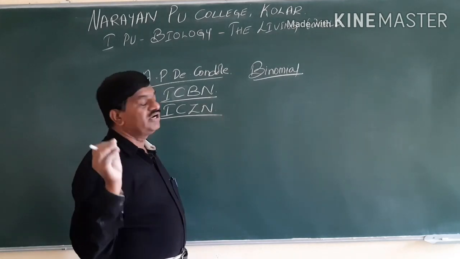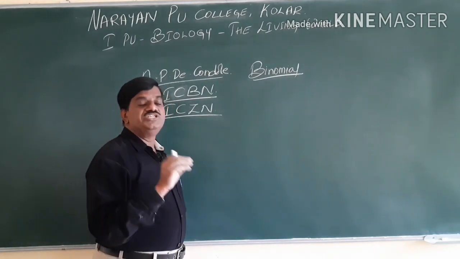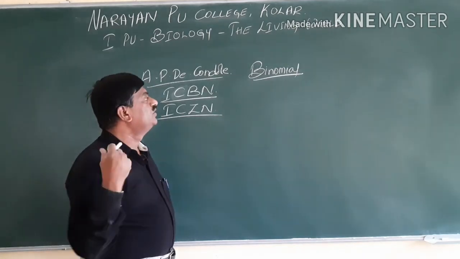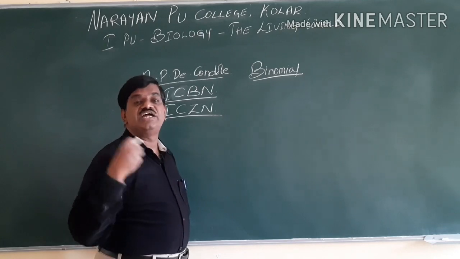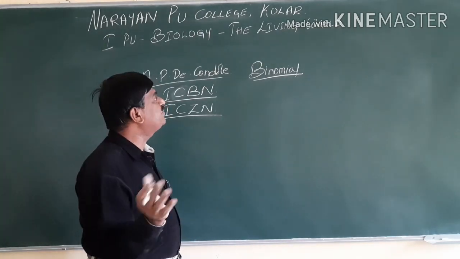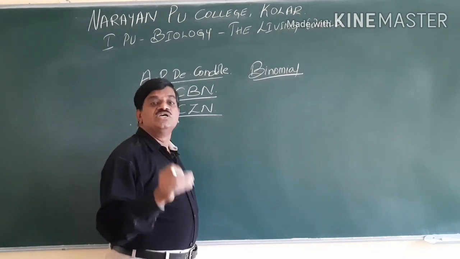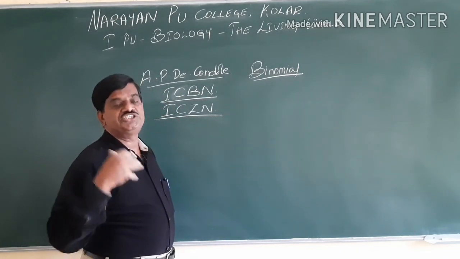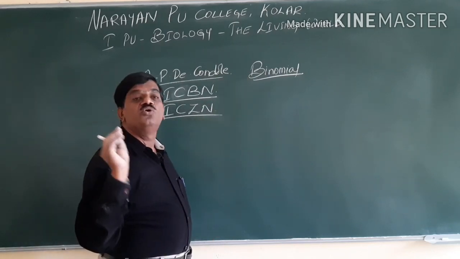Here there are tautonyms. A tautonym is where both the genus and species names are the same, whereas synonyms are where an organism has many names or varieties, and the first name is taken into consideration whereas the others are not. So this is about that.